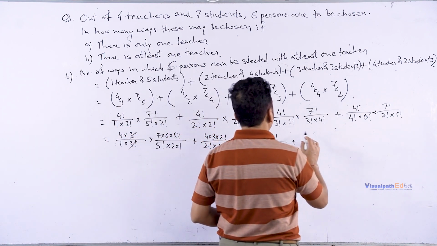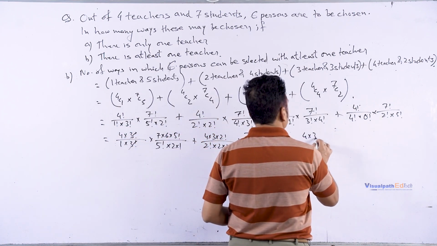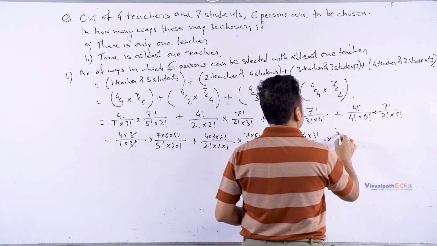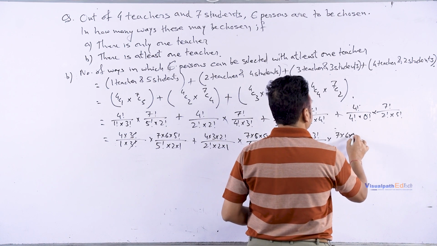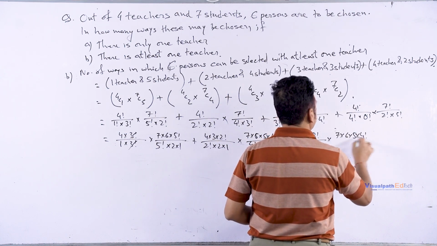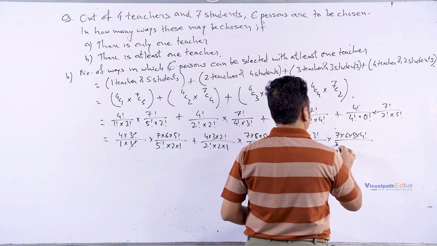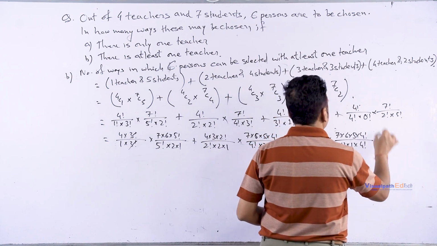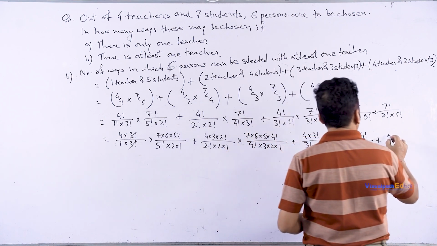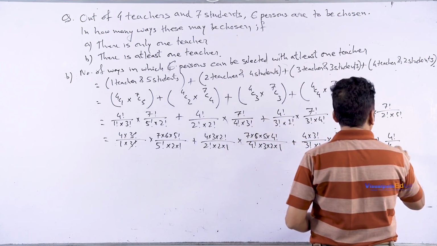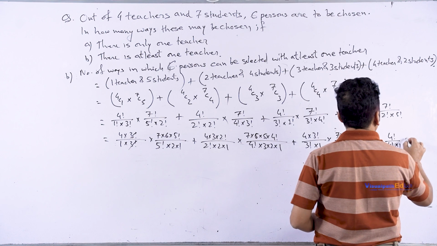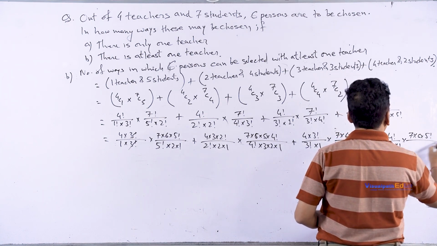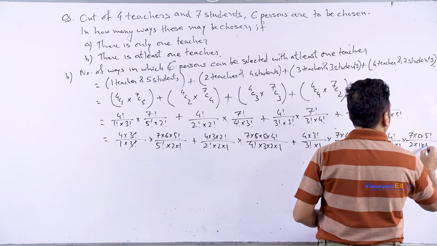Plus sign again, 4 into factorial 3 by factorial 3 into 1, 7 into 6 into 5 into factorial 4 by 3 into 2 into 1 into factorial 4, then a plus sign. So, we will get factorial 4 by factorial 4 into 1, 7 into 6 into 5 factorial by 2 into 1 into 5 factorial.